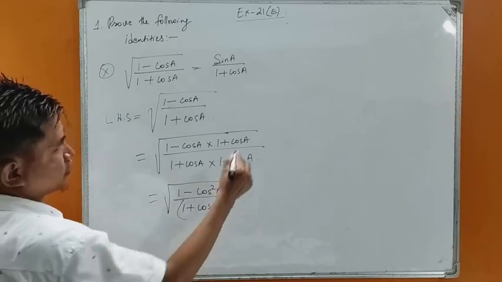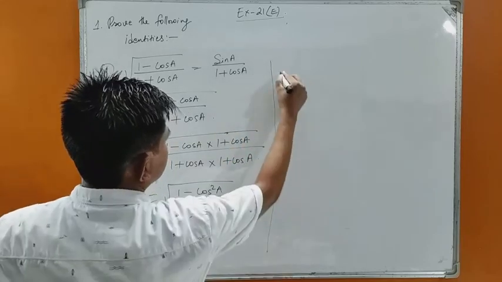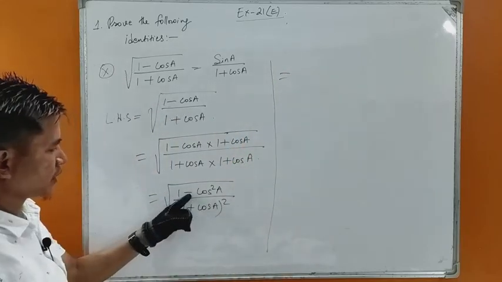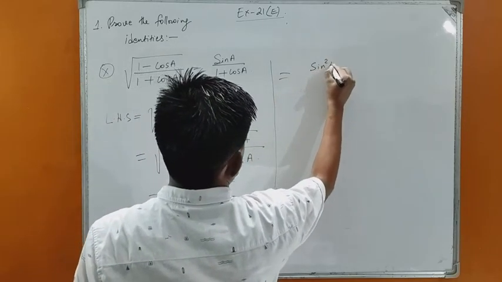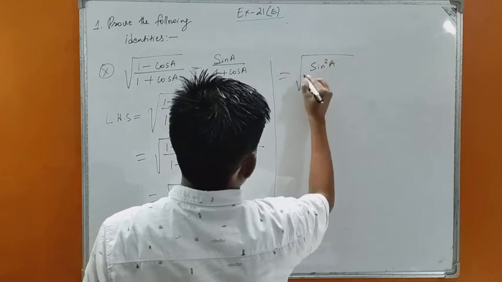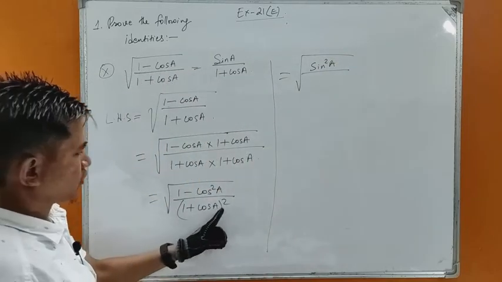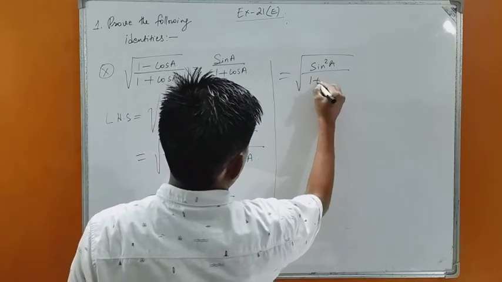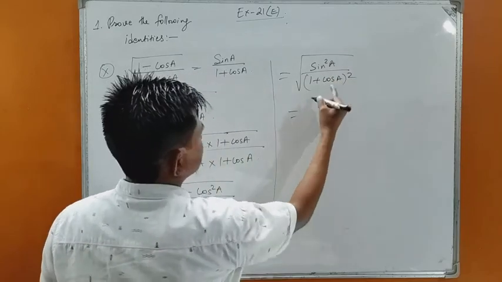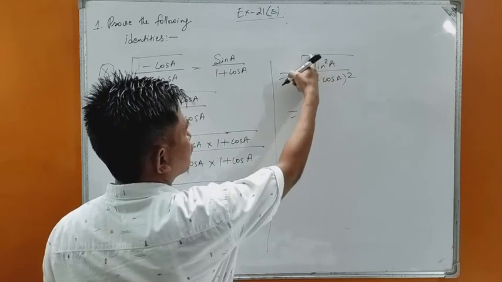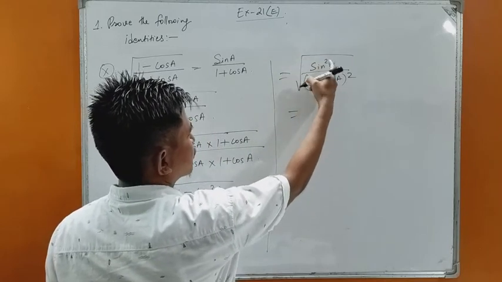isn't it? So let me continue here, equals to, so 1 minus cos square A means sin square A, sin square A whole upon 1 plus cos A whole square, isn't it? Now let us remove the square root from the numerator with this square.